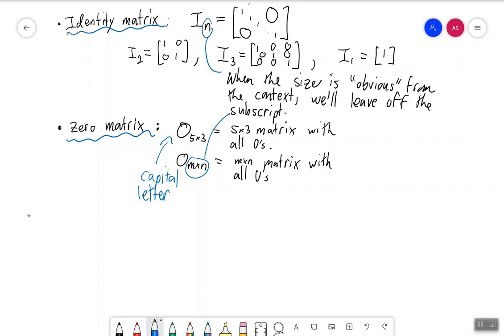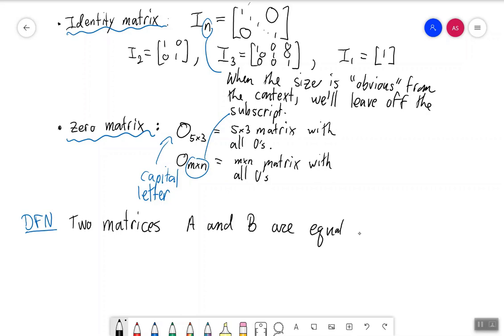One final definition. Two matrices A and B are equal if they have the same size. In other words, the same dimensions. Like the size of a matrix with 5 rows and 3 columns is 5 by 3.